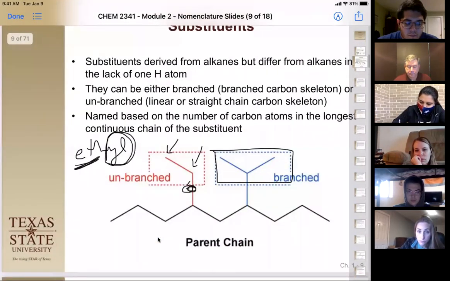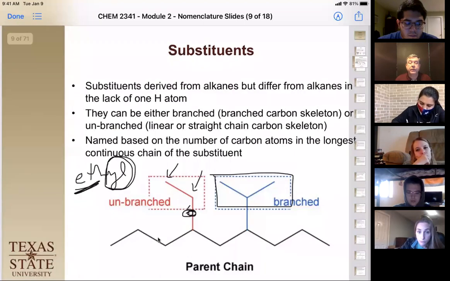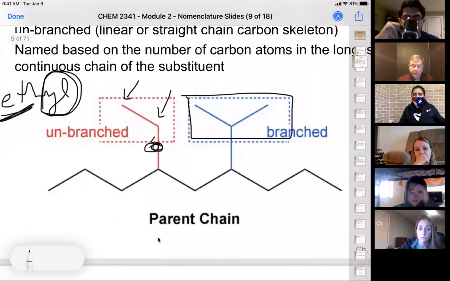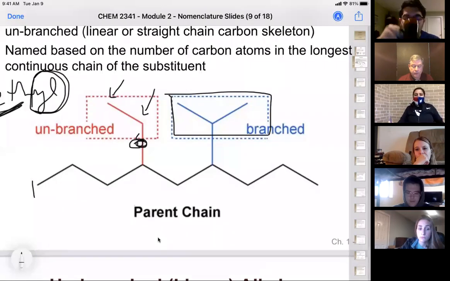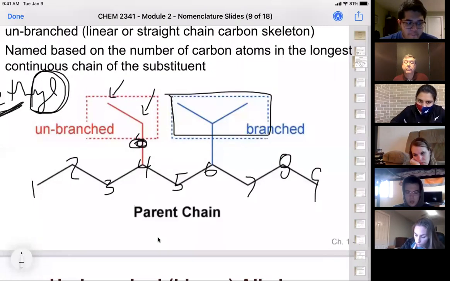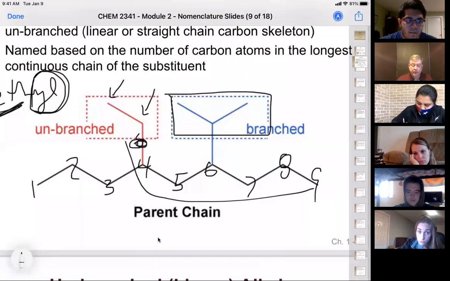Now, let me do one thing here. I want to prove to you that our parent chain is the one on the bottom in black by counting our carbons. So if we count from one side to the other, we have 1, 2, 3, 4, 5, 6, 7, 8, 9. Okay. Now, if we counted this way up this chain, we'd only end up with 8.